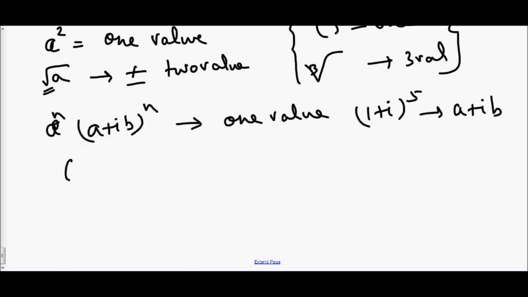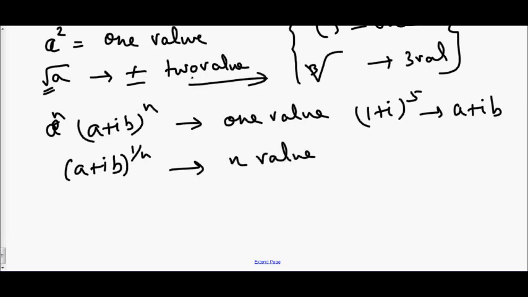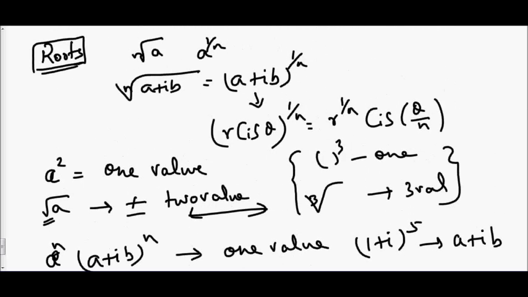But when you are raising this to the power of 1 over n, you should be having n different values. By the explanation I did here, you should be having n different values. So if you give the answer just like this, then you are not giving n different values. If you have, for example, 1 over 5, then it will be r to the power of 1 over 5, cis theta over 5, which means you are giving one value.